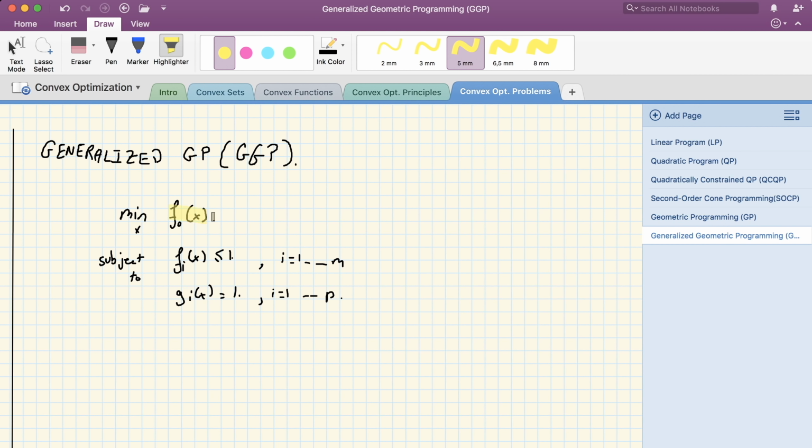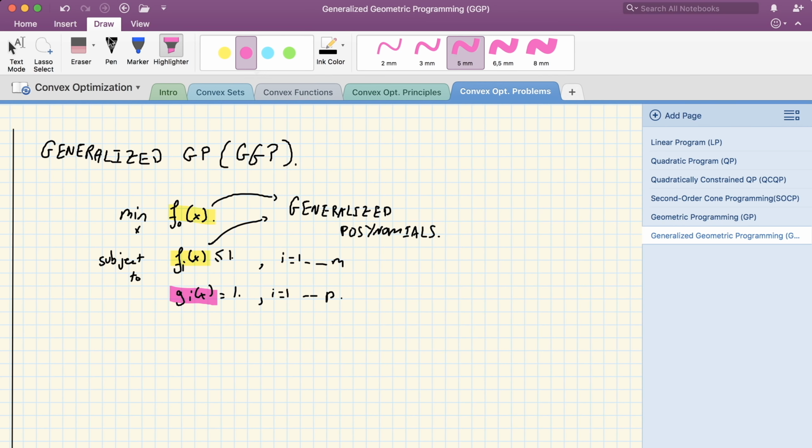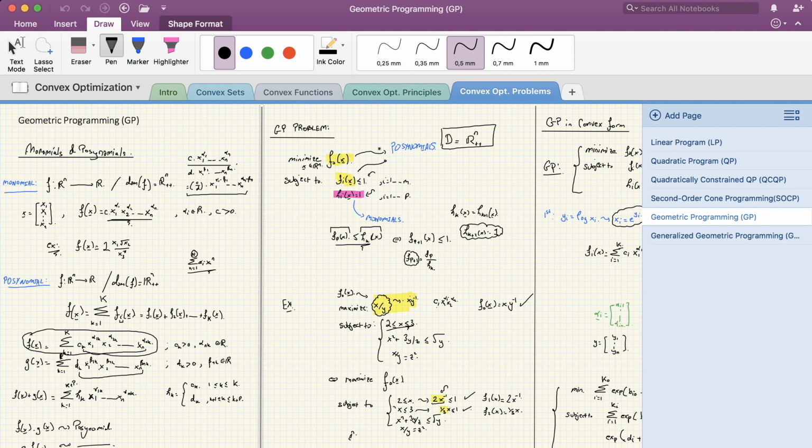Now those two functions are not only polynomials, they have to be generalized polynomials. And this guy right here, a monomial. So in the extreme case, if f0 and the fi's are polynomials, then we're back to geometric programming, right? As you can see here.